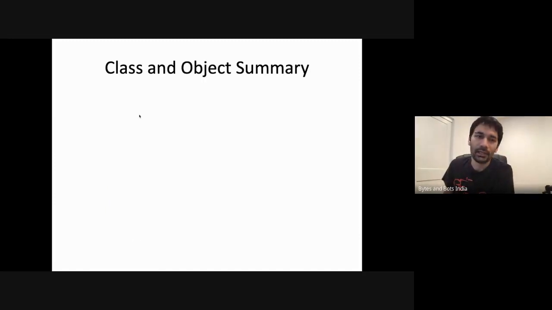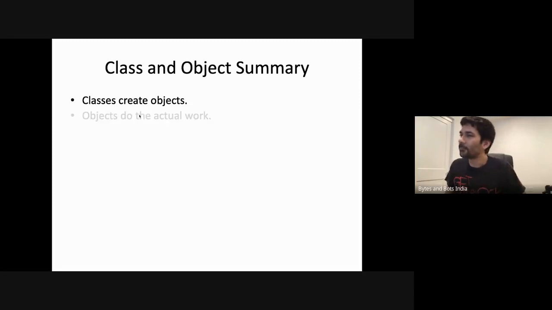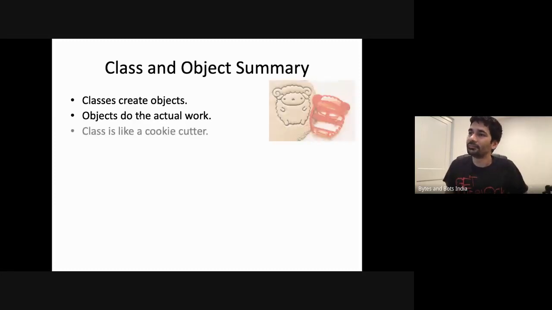The next time you look at classes and objects, you can compare it to the internal and external human body. It's an easy example, I guess. So what did we learn so far? We learned that classes create objects, right? Objects do the actual work. A class is just a template, but the real work is done by the object which it creates.